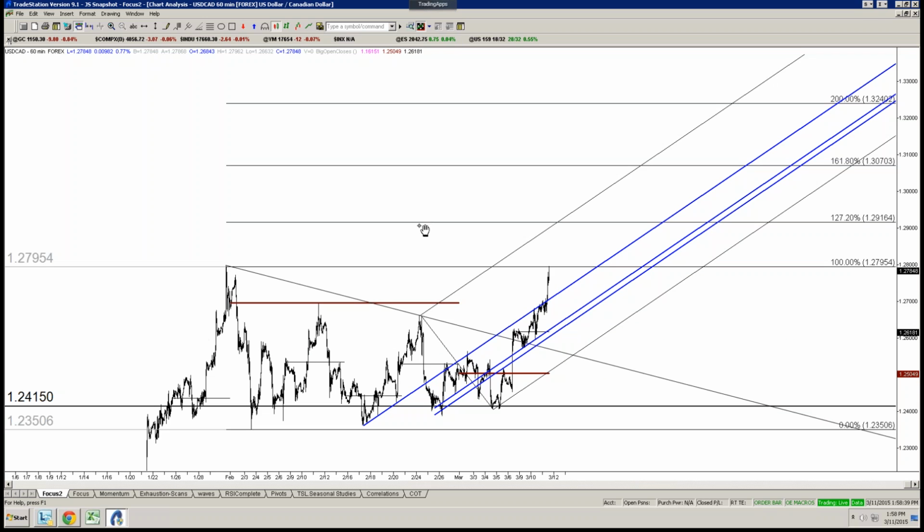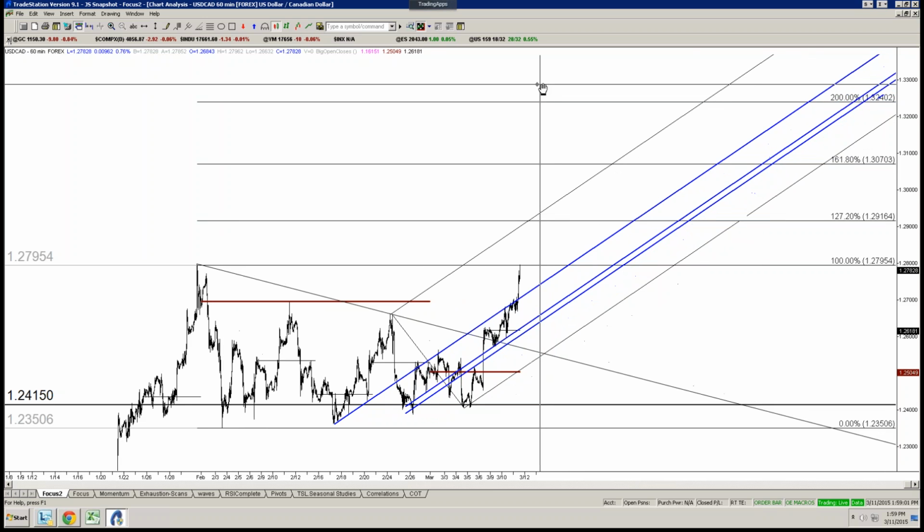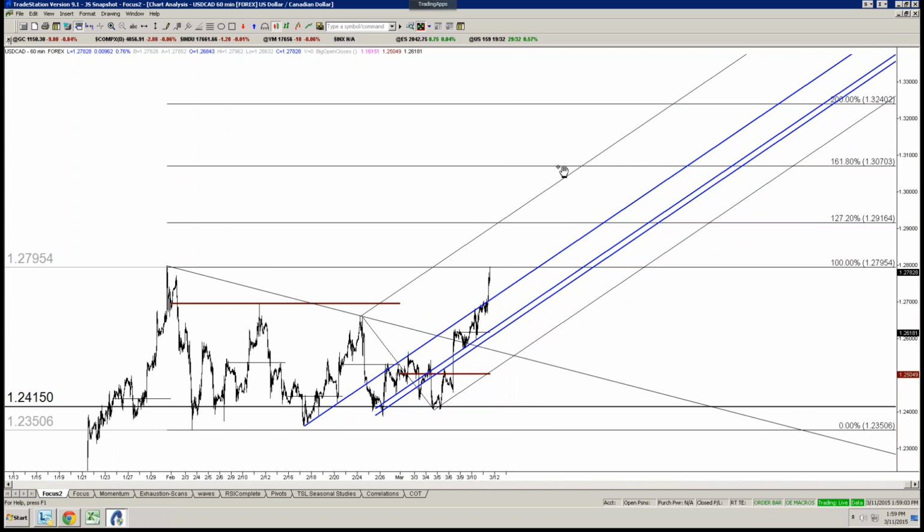The aggressive way would be to take the distance of the triangle at its widest point, and then add that distance. You could also add the distance times 61.8. So it gets you two targets, 30.70 and 32.40. Those are some big targets, obviously.